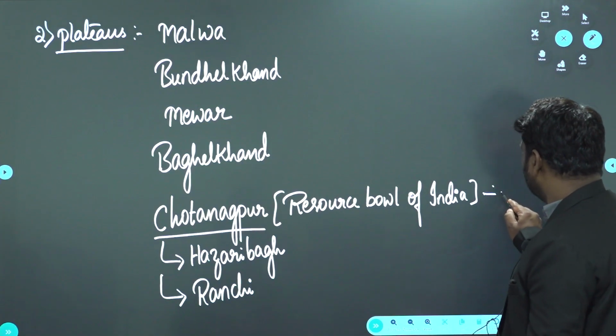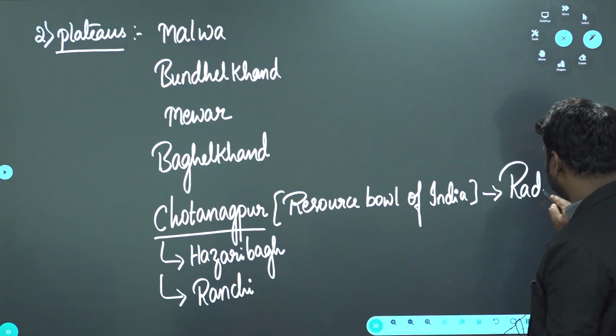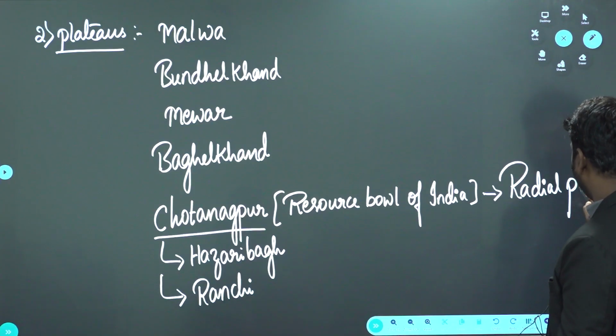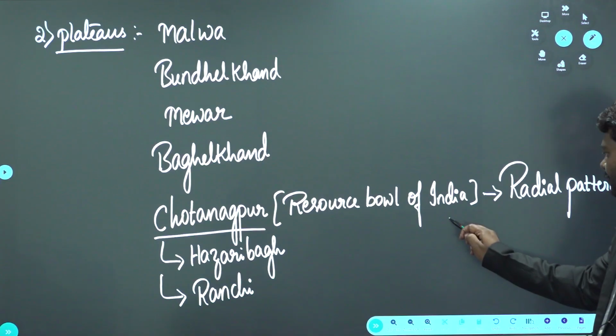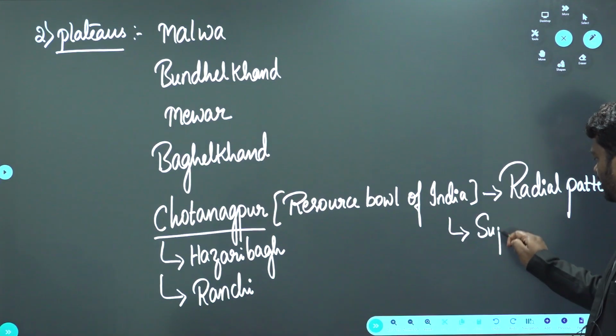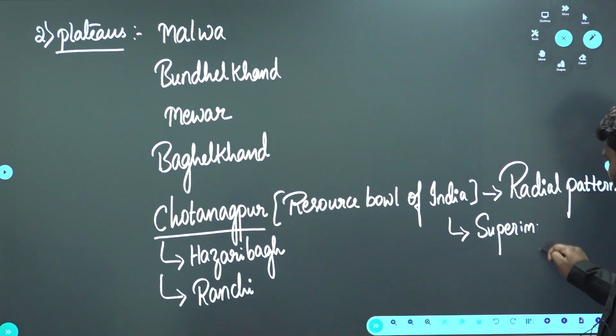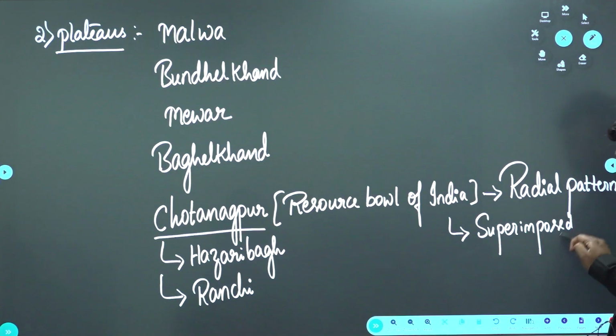And this Chota Nagpur Plateau follows radial pattern and it has superimposed drainage pattern. Below layers will be different, above layers will be different.